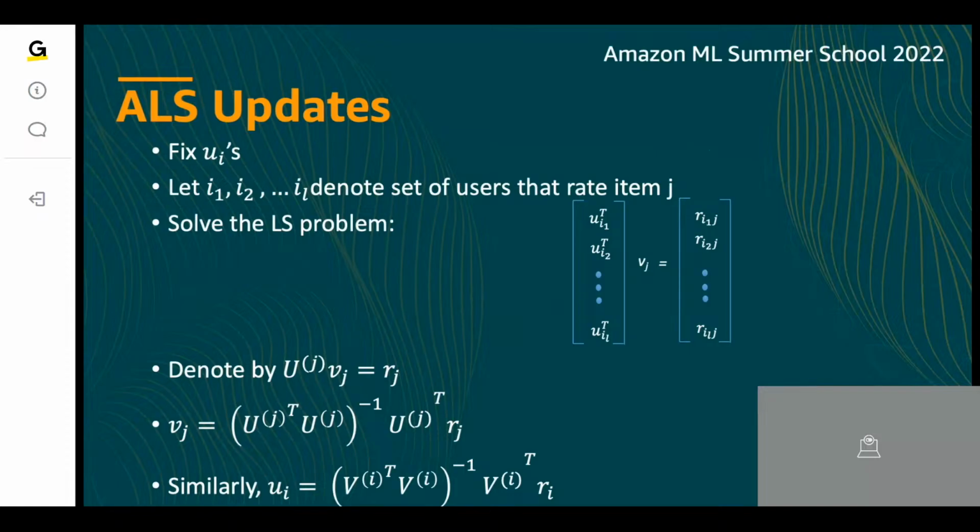So just to be clear, first you fix the U's, and then, given the U's, you solve for the V's, because the ratings are observed. You already know what the ratings are, and then, once you have the V's, you backpropagate and try to estimate what the U's look like.